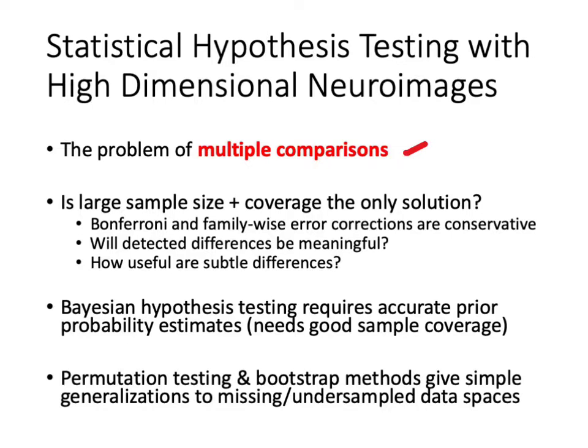To explain the multiple comparisons problem, I'd like to take the example of a single three-dimensional structural MRI brain image, say with 100 voxels in X, Y, and Z direction. Such a brain image has easily 1,000,000 voxels, where each voxel has a unique measurement of either brain volume or cortical thickness.